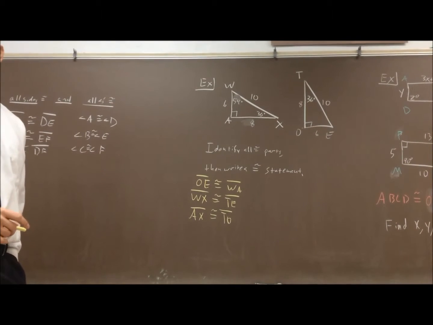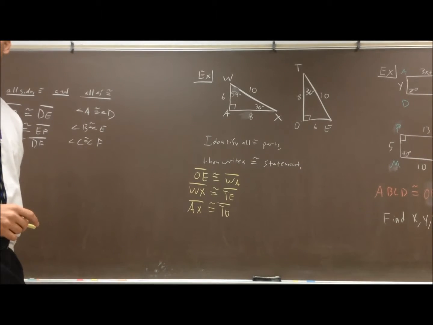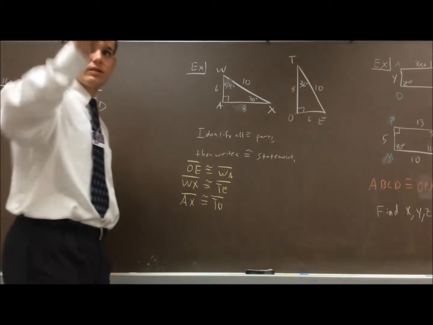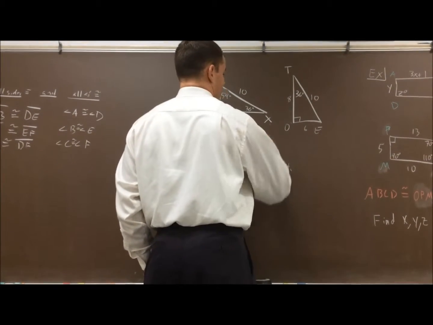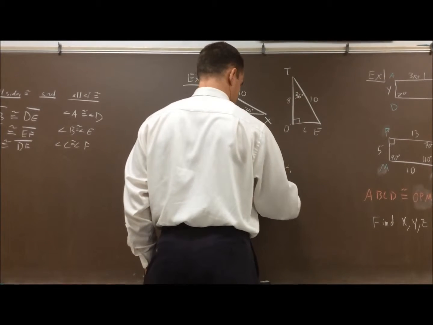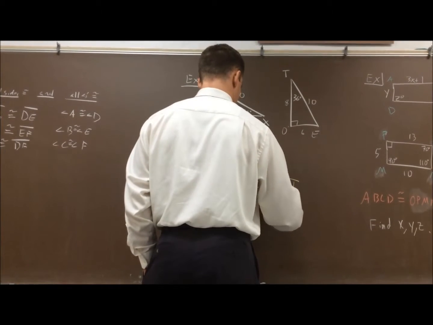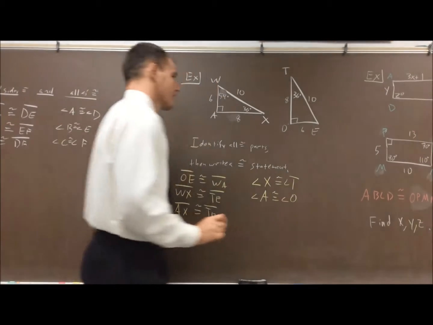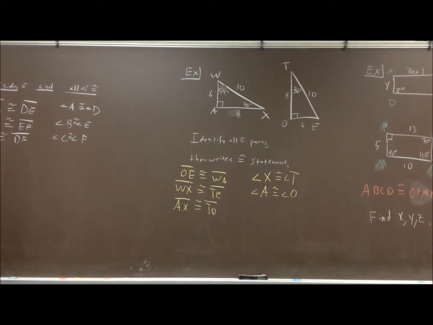Well, we've got to find some angles. What angles are congruent? Angle A and angle O. Can you get another one? Angle X and angle T. Angle A is congruent to angle O. We don't know how much angle E is, do we?